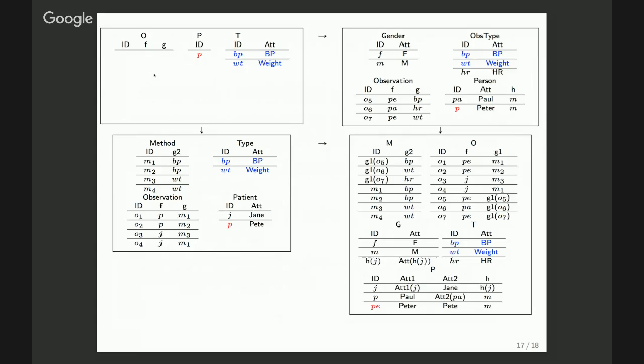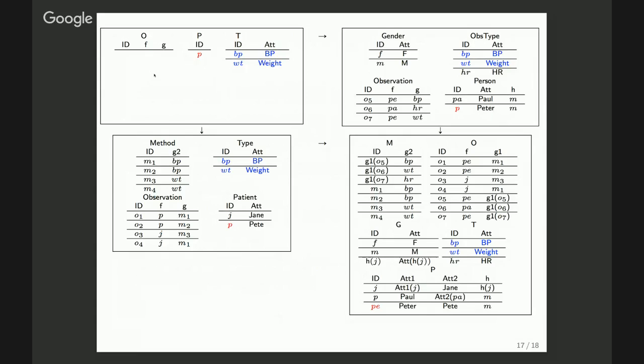In the upper right it corresponds to Peter in the person table. So the idea here is that the map from the upper left to the lower left sends P to P, and the map from the upper left to the upper right sends P to P, and that P represents the same person that's in 2 different databases, even though the attributes of that person are a little bit different. So Pete in one, Peter in the other.